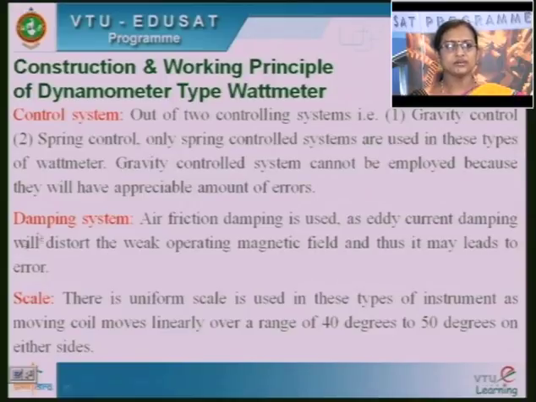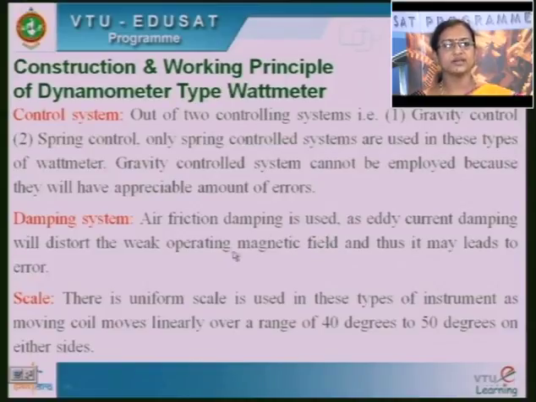And one more thing, we have to produce the damping torque. The deflecting torque also has to overcome this damping torque. How exactly are you going to create this damping system? You see that here we are using air friction damping. In the last class I explained air friction damping, eddy current damping, and fluid friction damping.